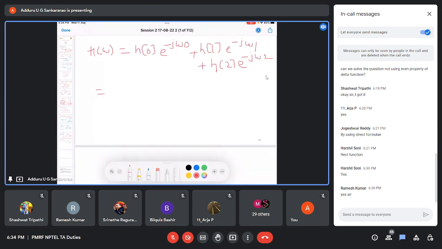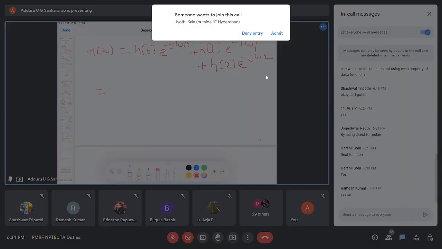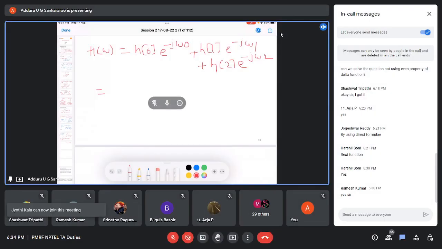Since it is 1 by 3 everywhere, h of 0, h of 1, h of 2, everything is 1 by 3, so I'm taking 1 by 3 common. 1 by 3 into the first one, e power 0 is 1, plus e power minus j omega plus e power minus j2 omega.